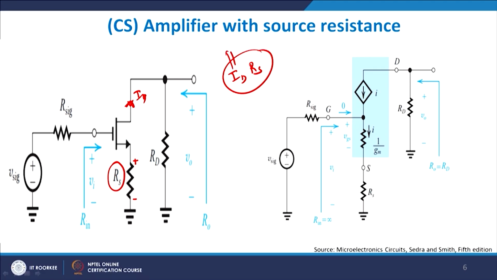So if your ID increases, ID RS increases and therefore this voltage increases, which means you are able to reverse bias this gate to source junction. Why? Because it is an N channel MOS device.